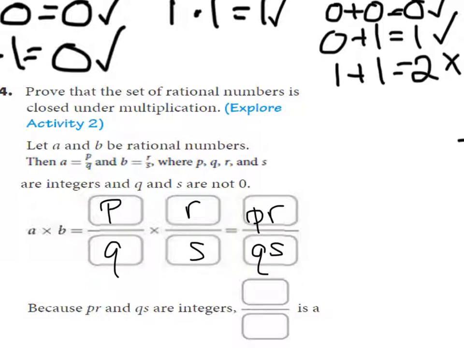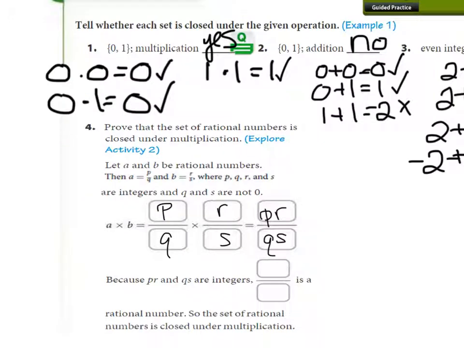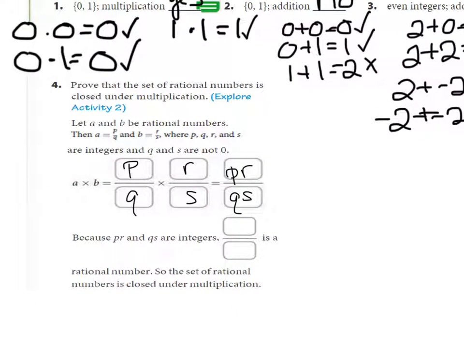I know that these are integers because integers are closed under multiplication. So pr and qs would be integers. Well, if I divide them, I know that that turns into a rational number, which means it is closed under multiplication, because we wanted to show rational numbers are closed under multiplication.